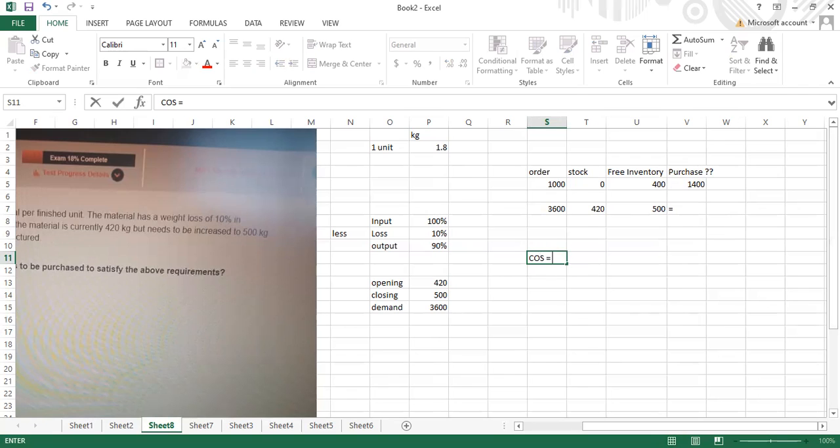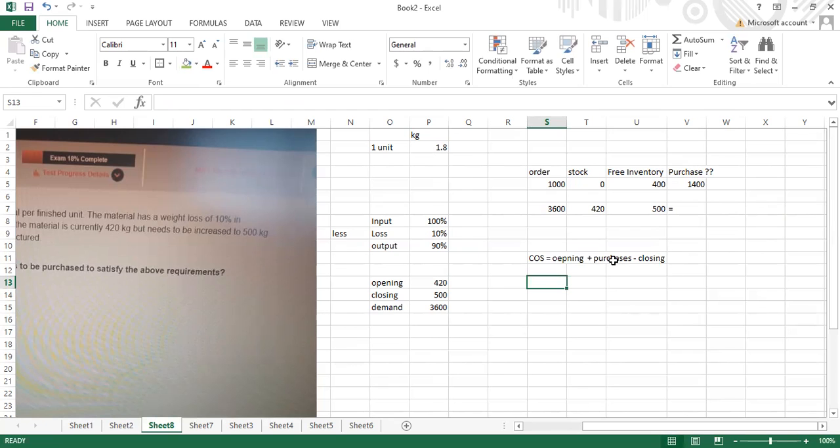Cost of sales is normally written like that: opening plus purchases minus closing, right?